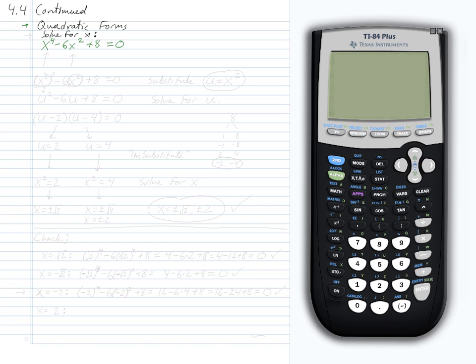So the pattern here, if we would like to determine if something is a quadratic form: do we have a version of a variable, and do we have that variable squared? If I think of x to the fourth, I could think of this as x squared squared.